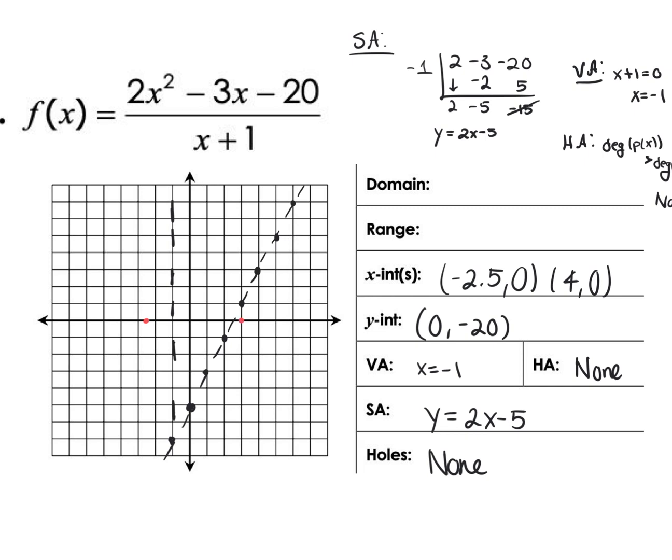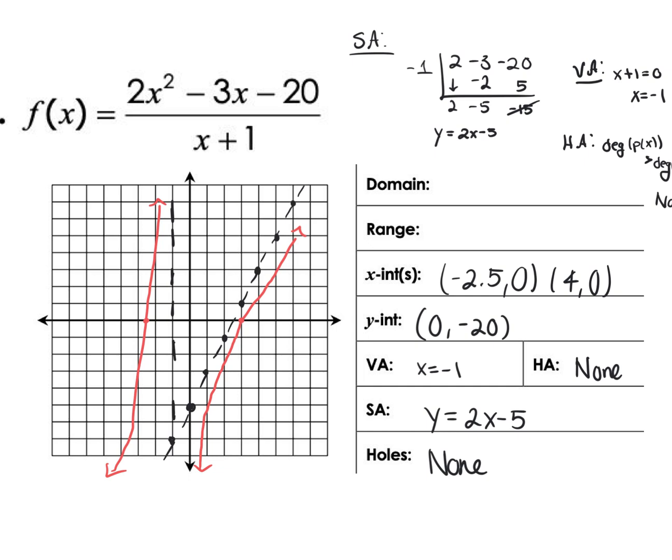So we can guess our graph will look something like this. And if you notice, as you go through this more, you really rely less on values of x and more so on just the asymptotes.